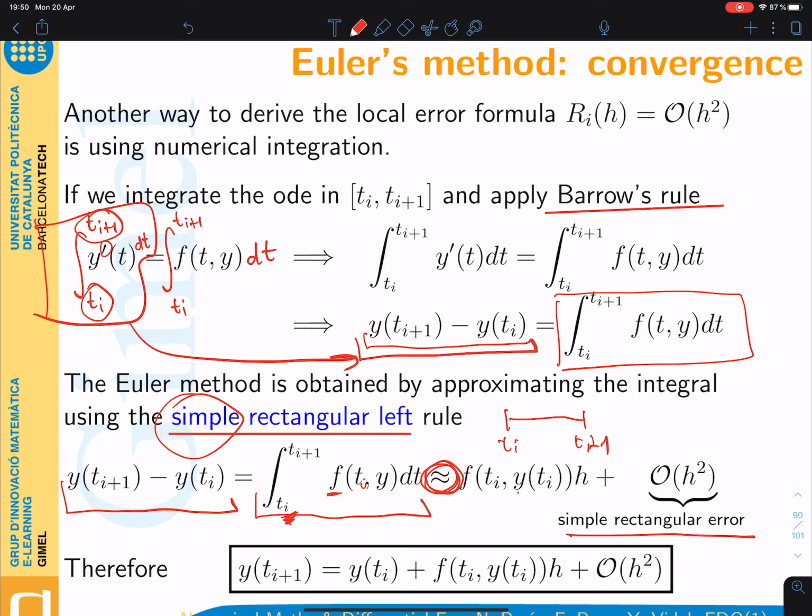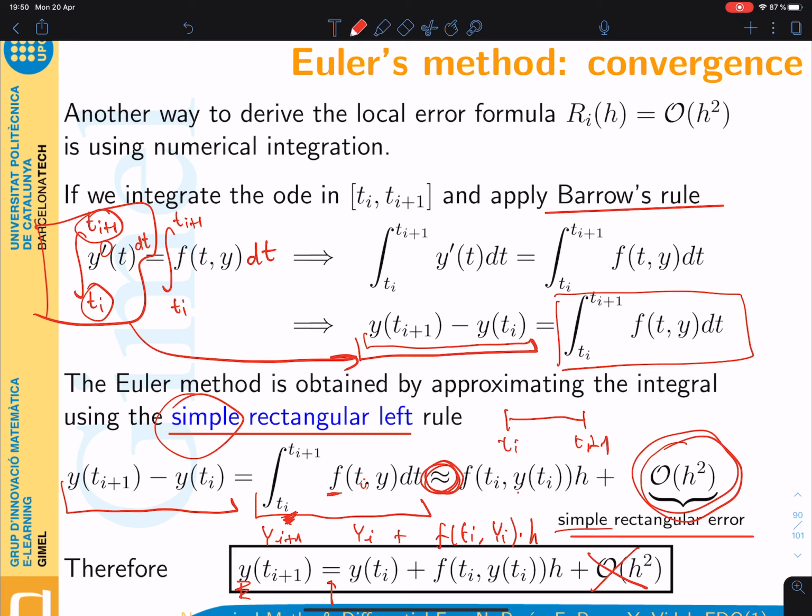We know that the simple rectangular rule has a local error which is of order h squared. So therefore, what we have here is that we derived our Euler method. You can see here that for the exact solution this is an equal, but for the approximated solution, what I'm doing is just copying this, in the same order: f of ti, yi times h.